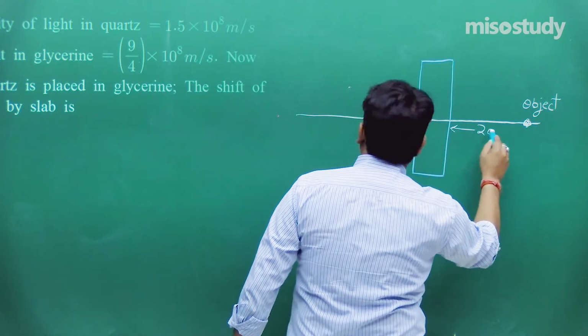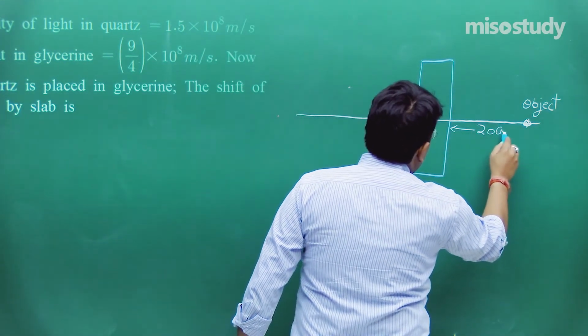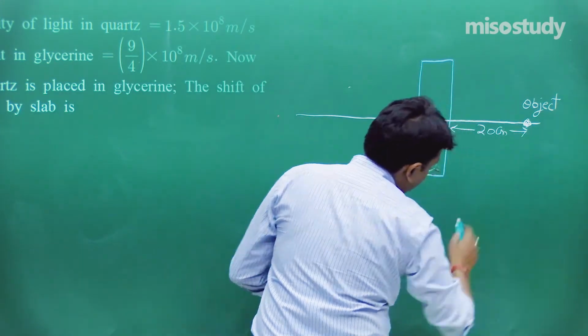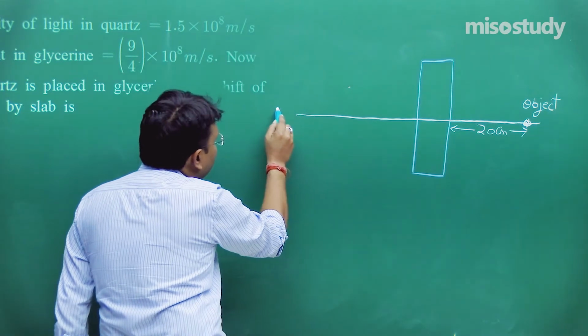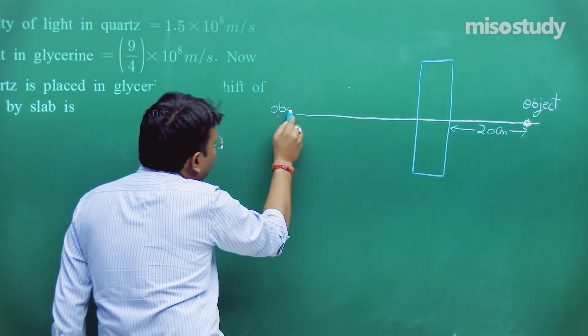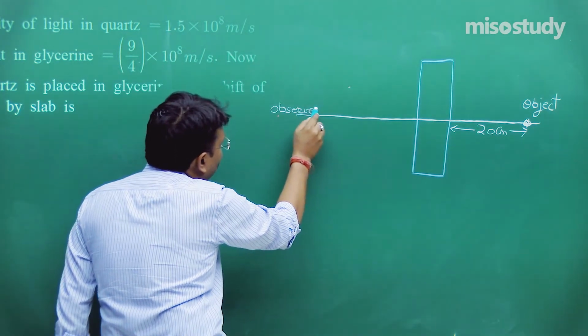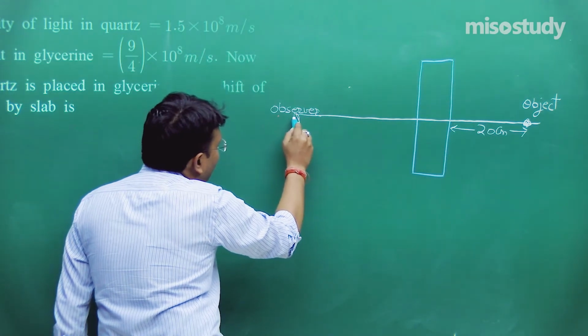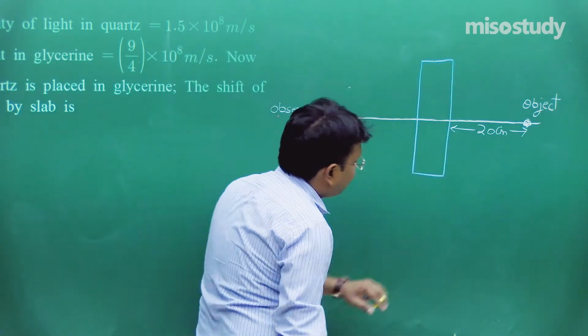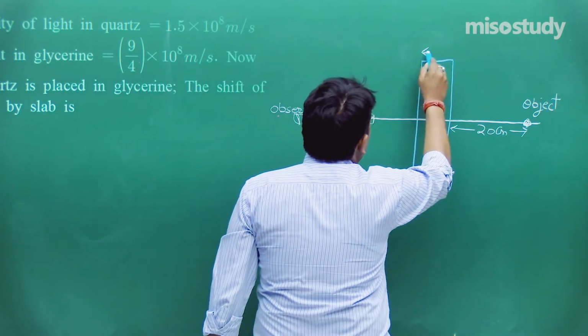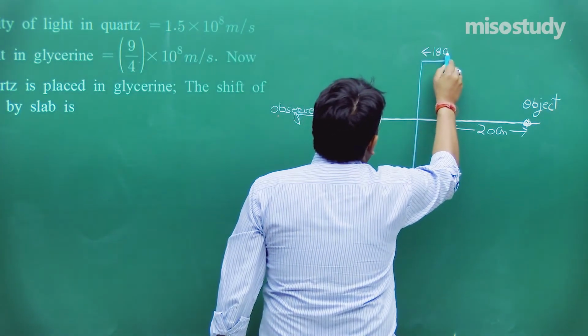Fine, 20 centimeters. Now here this place is for the observer eye. This place, human eye is here. This is the observer, this is your object, and this gap is 18 centimeter.